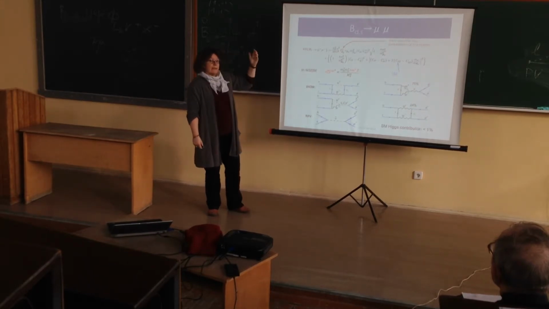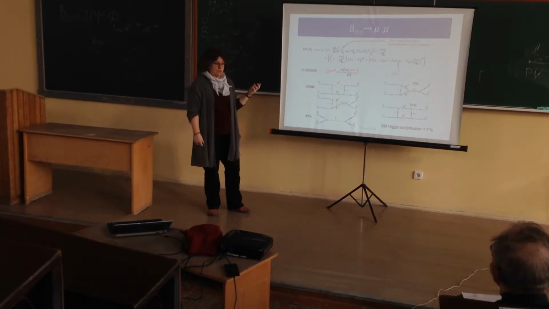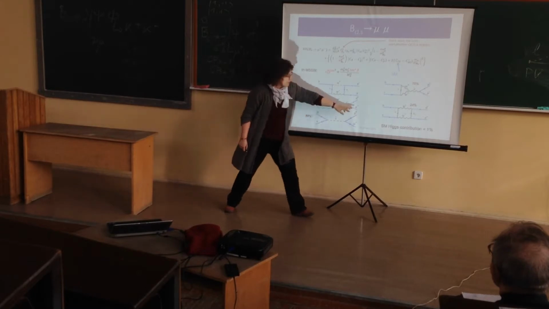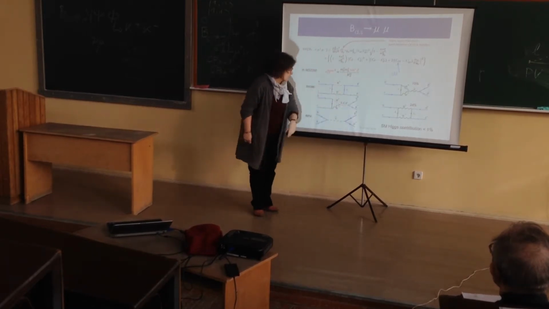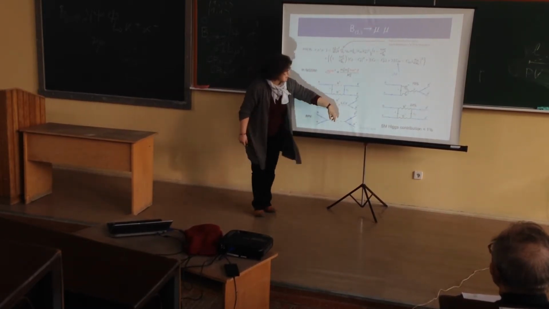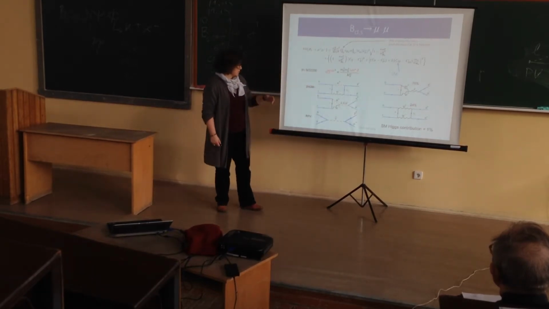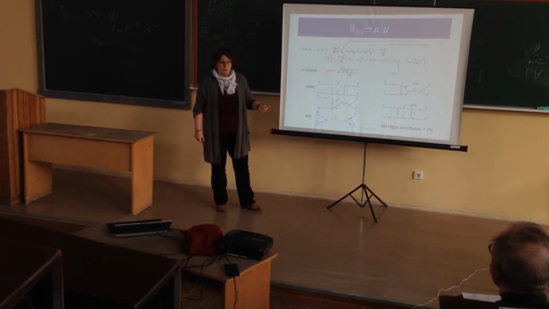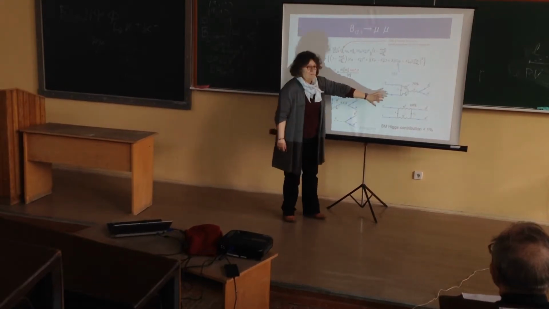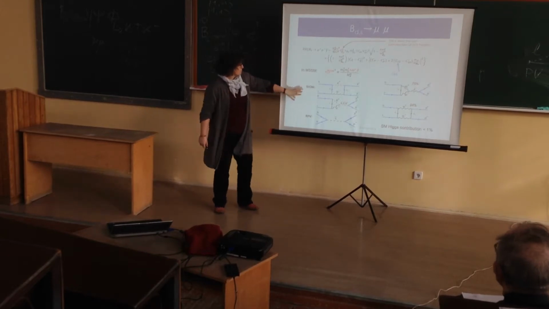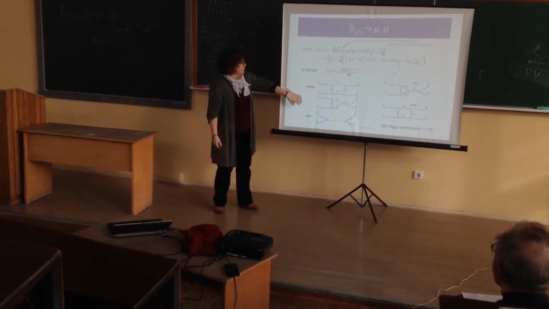Then, any person creating a new physics model can draw a new diagram. He can replace a W by a charged X, and here he can replace the Z0 by some neutral X, and so on and so forth. Okay? So this is at least what I have from the standard model, and this is an example of new physics.